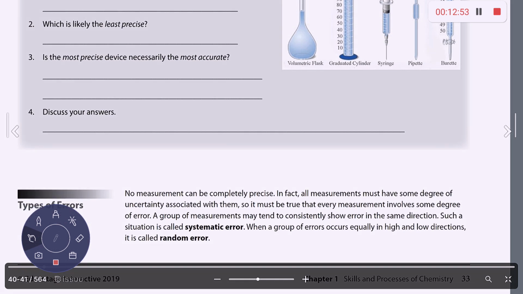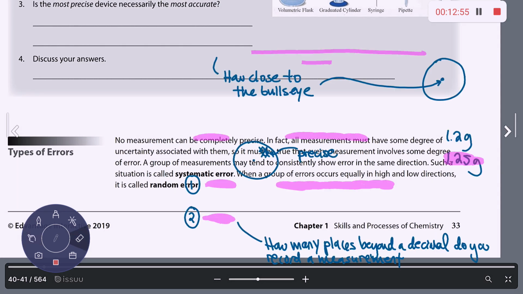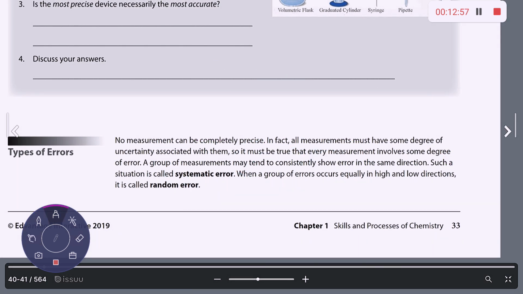We're going to skip the quick check. Let's come down here to types of errors. Two types of errors: systematic and random. If you are making measurements in the lab and you keep coming out above the true value or below the true value, that would be errors in the same direction.